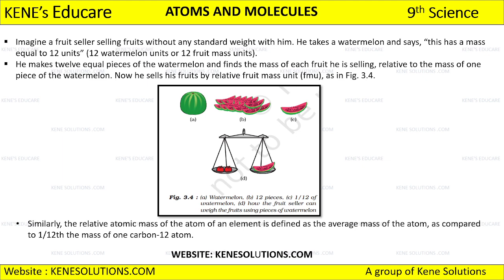Similarly, the relative atomic mass of an atom of an element is defined as the average mass of the atom as compared to 1 by 12 the mass of one carbon 12 atom.